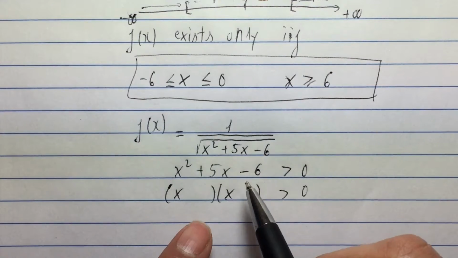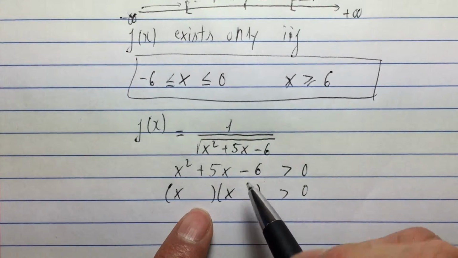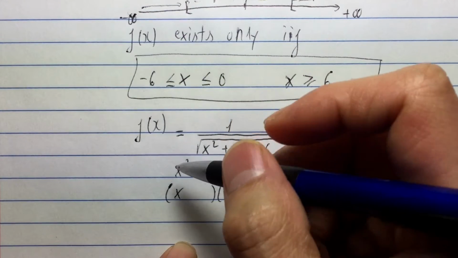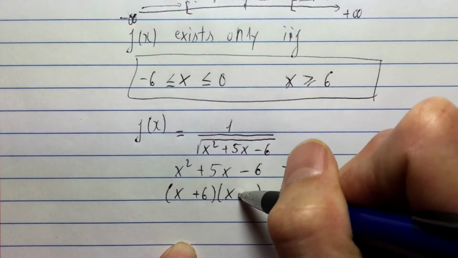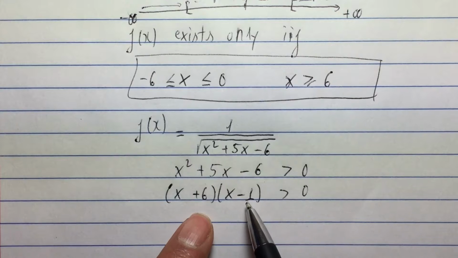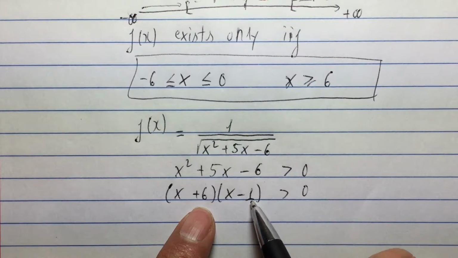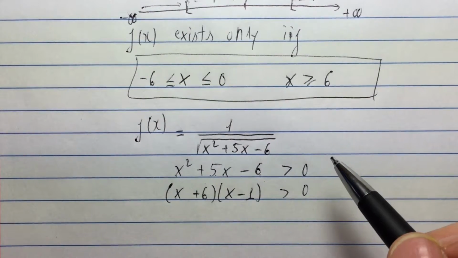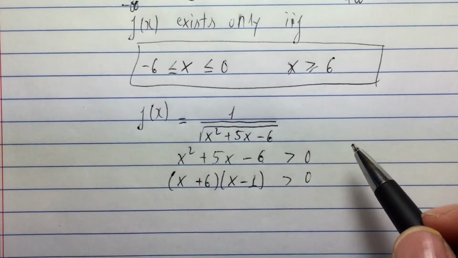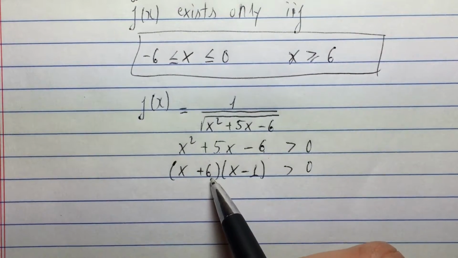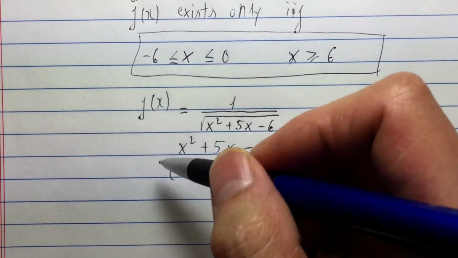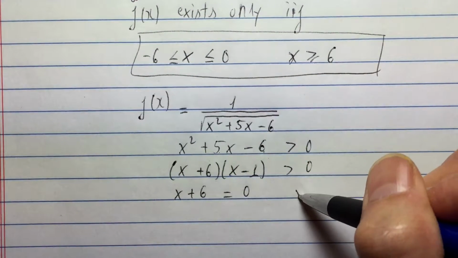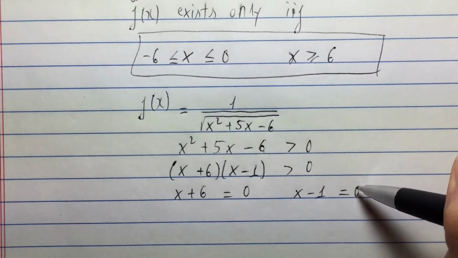In here I have plus 6 and minus 1, because 6 times minus 1 equals minus 6, and 6 plus minus 1 equals 5. Now I need to solve for x, so I let x plus 6 equal 0 and x minus 1 equal 0.